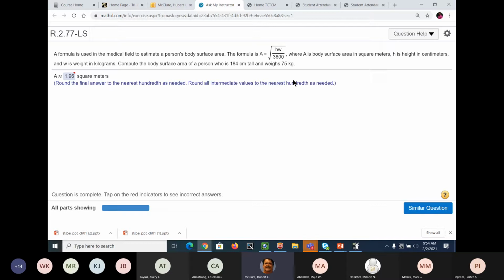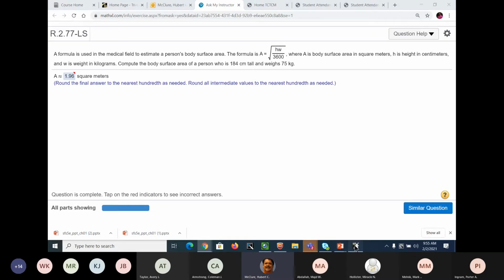So that's 184 times 75 divided by 3600 and raise that to the 0.5 power.